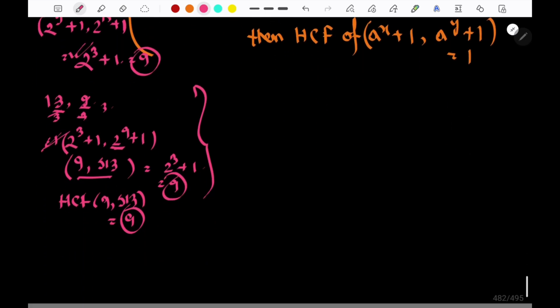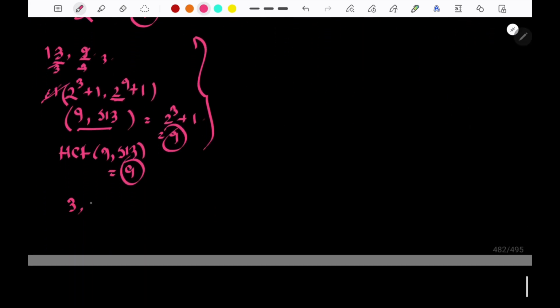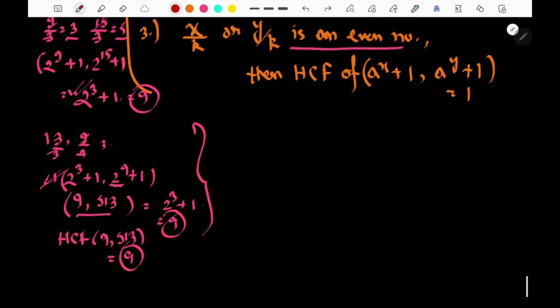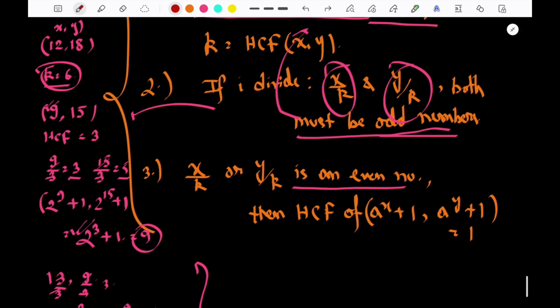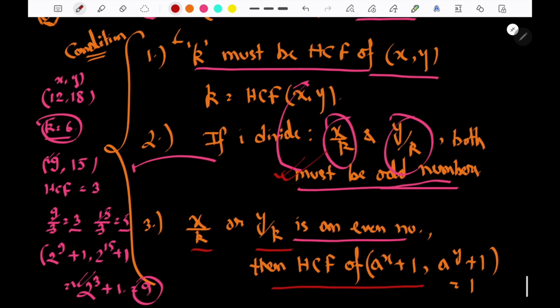Now we can also try one thing. The condition is that x by k and y by k must be odd numbers. So if it is even, then HCF will be 1. So let's check out.